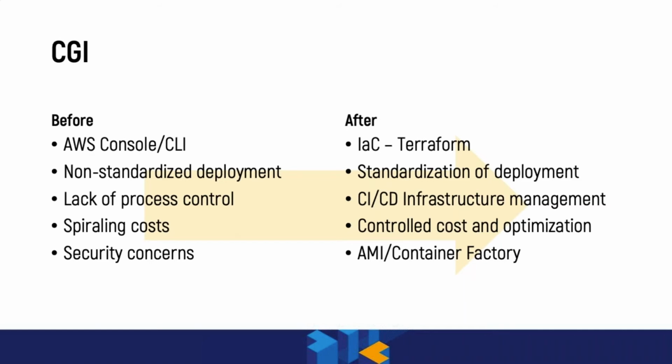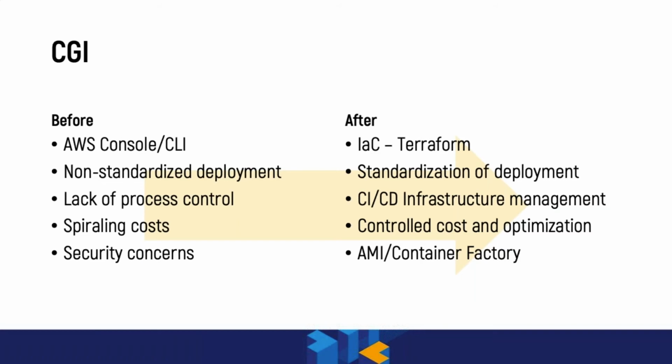We've worked previously with CGI on moving from the AWS console and CLI to revolutionizing them into using infrastructure as code with Terraform. And in that process, it standardized all of their deployment factors. So when we've got a standardization of deployments, you have a repeatable, iterative process that actually is delivering an amount of stability, security, visibility, and transparency for what people want.